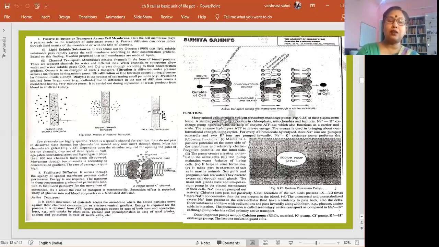These are special channels, but they have certain guarded substances to allow the molecules from higher to lower concentration. Now in ionic channels, they are specific channels. They don't allow any different kind of molecules to pass through. They are very specific, and ions do not pass in dissolved state.